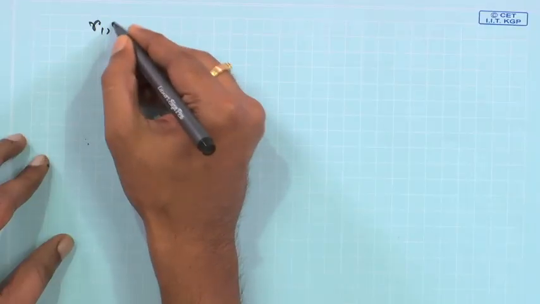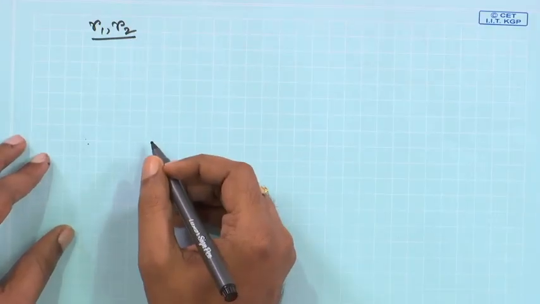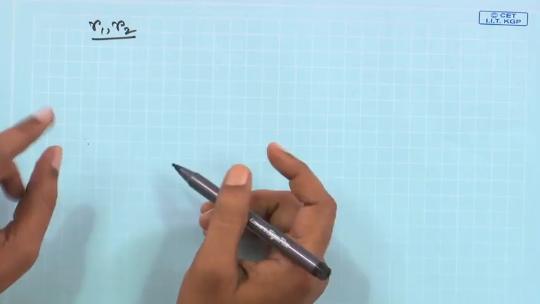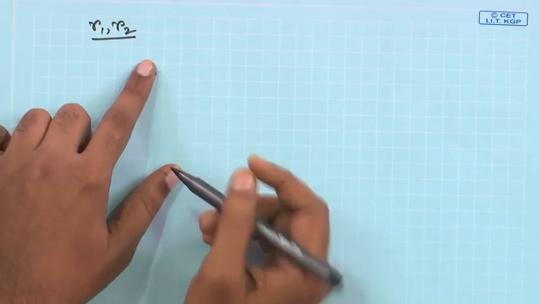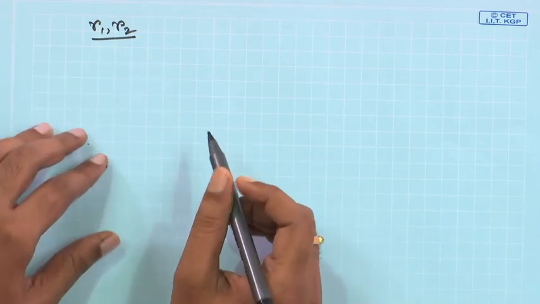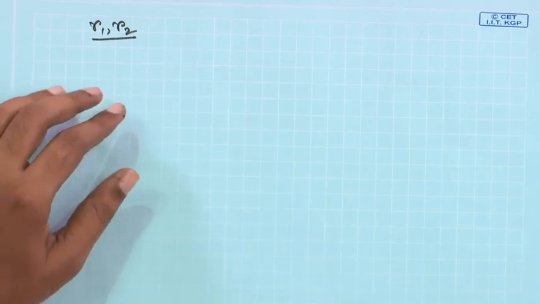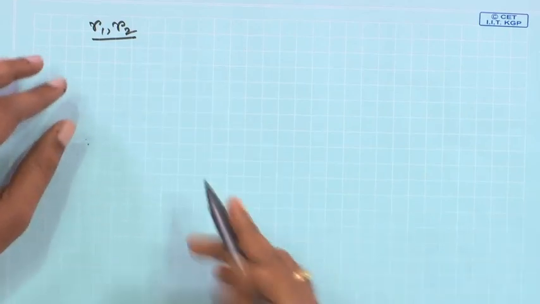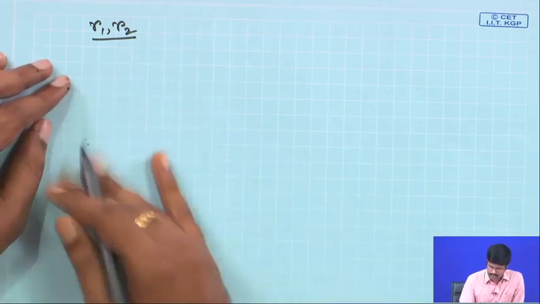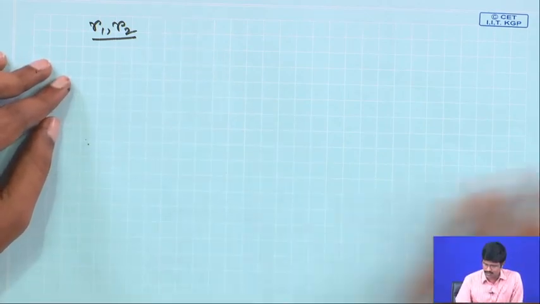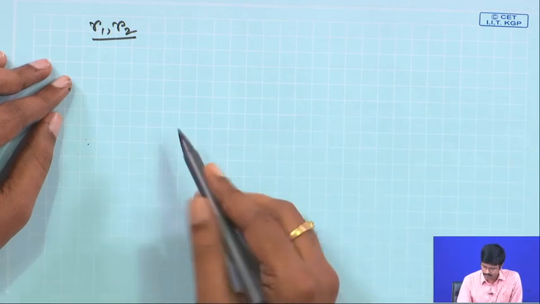Now, the next question that we want to consider here is the following. We have been talking about R1 and R2 quite a lot, and they seem to be very important, the reactivity ratios of monomer 1 and monomer 2. But I did not tell you how to determine these values experimentally. So, let us try to have an analysis in that direction.